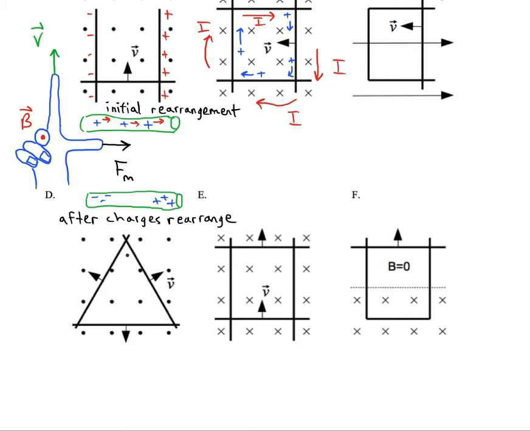In the case of D, we have all 3 bars moving. We can do a right-hand rule on each one individually and see which direction it causes positive charges to want to move. For this upper left bar, we would have this situation.